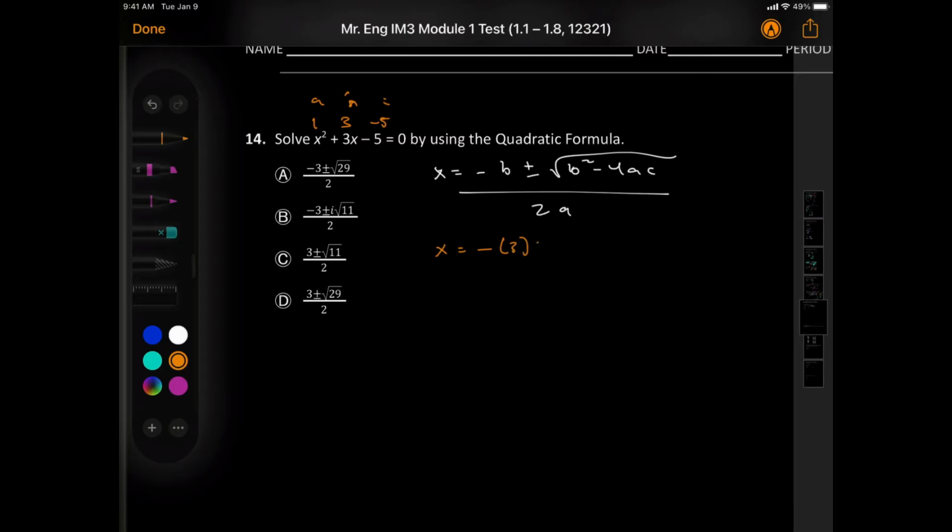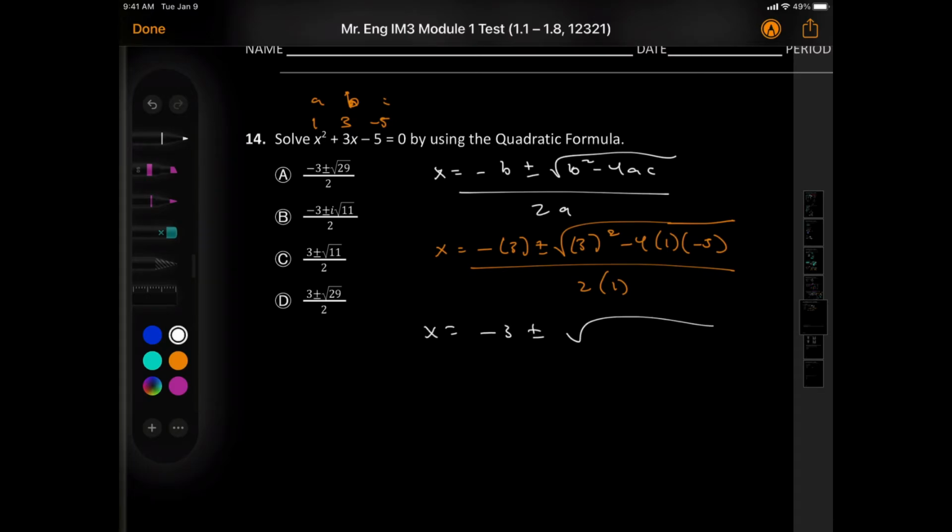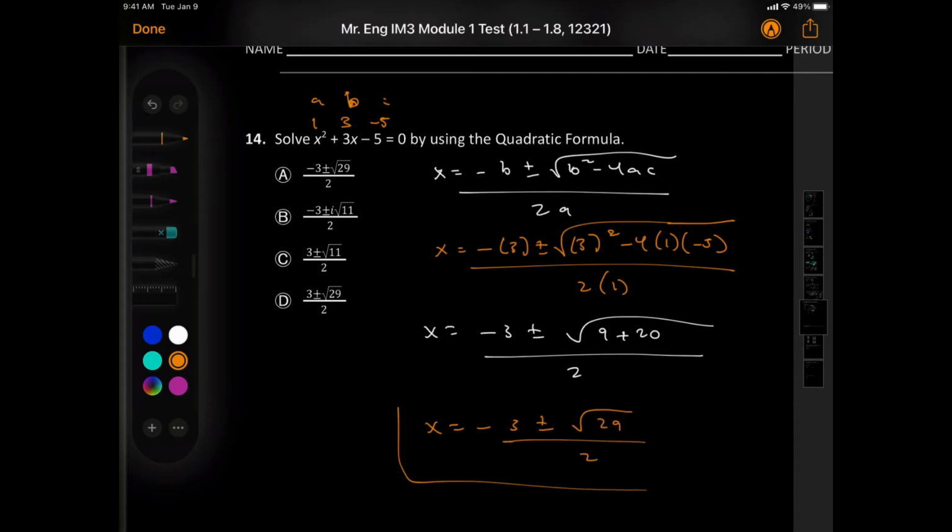So negative 3 plus or minus the square root of 3 squared minus 4 times a, which is 1, and c value, which is negative 5, all over 2 times 1. So negative 3 plus or minus 9 minus negative 4 times 1, negative 4 times negative 5 is plus 20. So you get negative 3 plus or minus the square root of 29 over 2, and that'll be choice A.